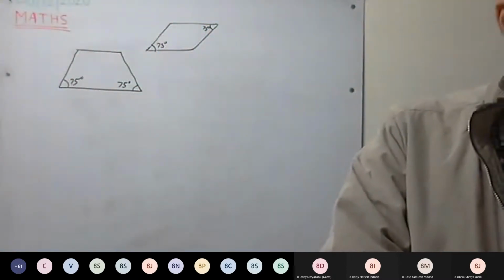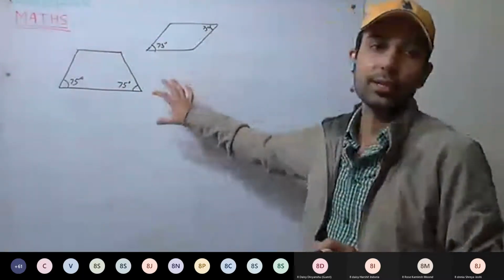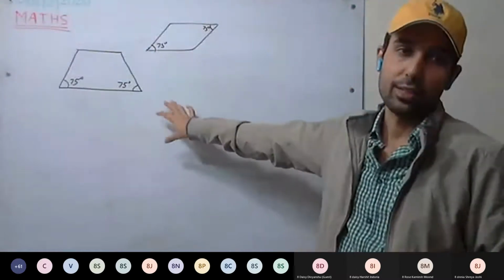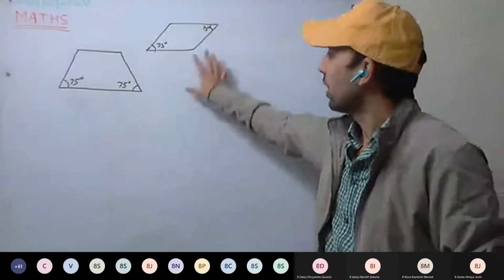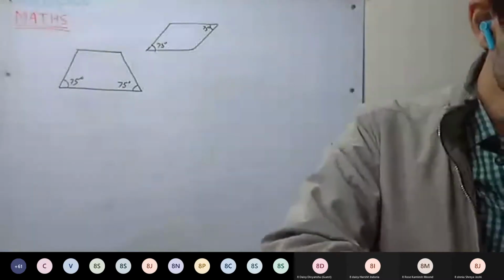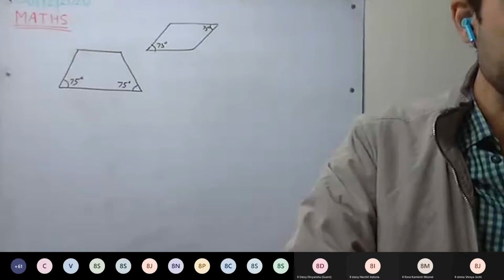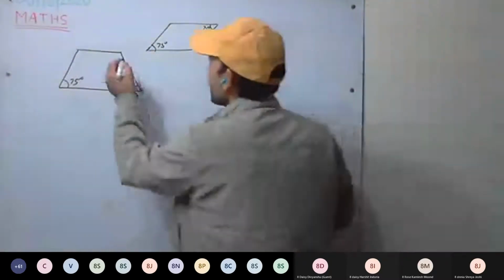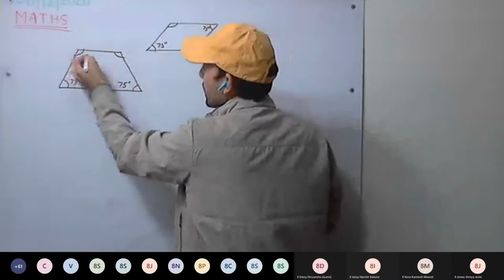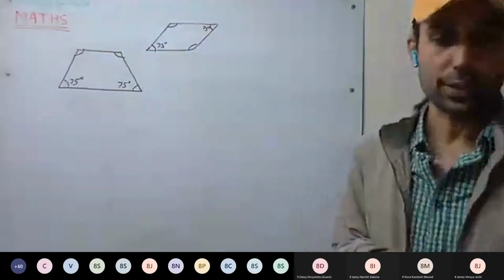If you want, you can solve without drawing the figures, or if you want, you can draw the figures as well. Two angles are 75 degrees, and the other two angles are equal. So the remaining two angles are equal. This is being provided in the question.